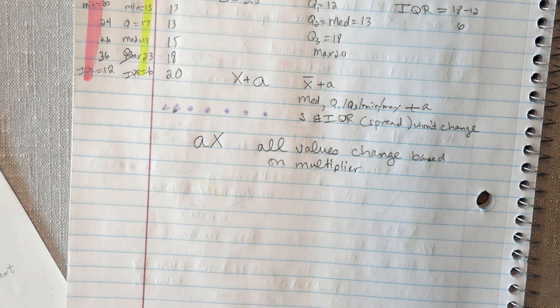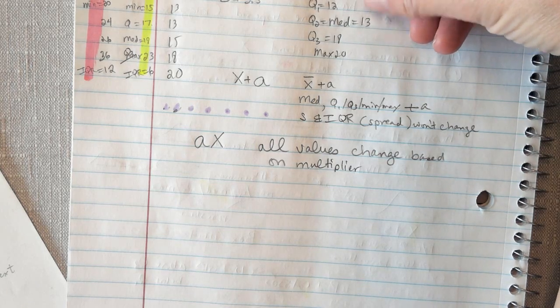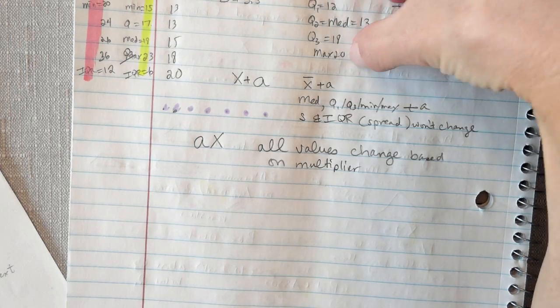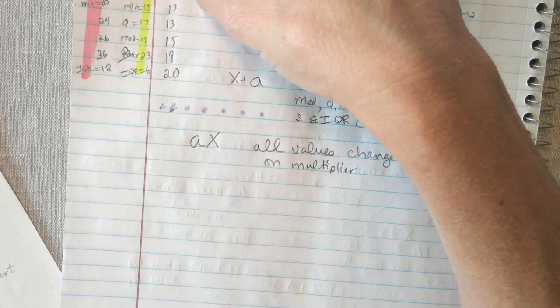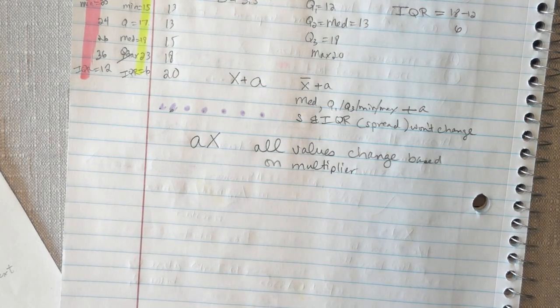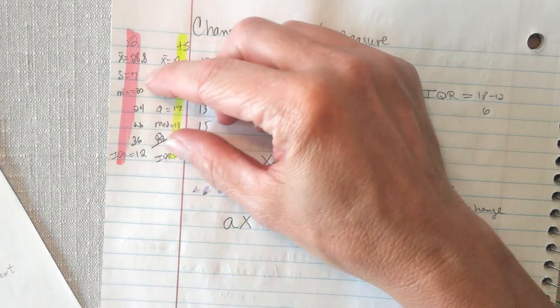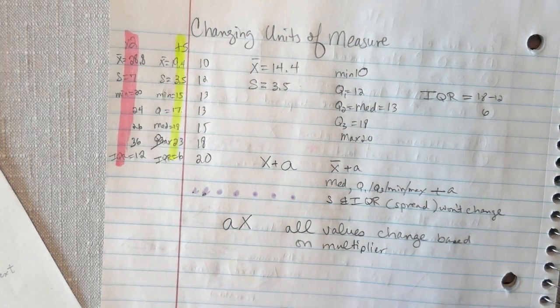I'm curious, does the range change? That was not intended to rhyme, but it did. The range on the original one was 10. The range on the other one when we added 5 remained 10. So that spread is being very consistent when we add. We had a minimum of 20 and a maximum of 36.